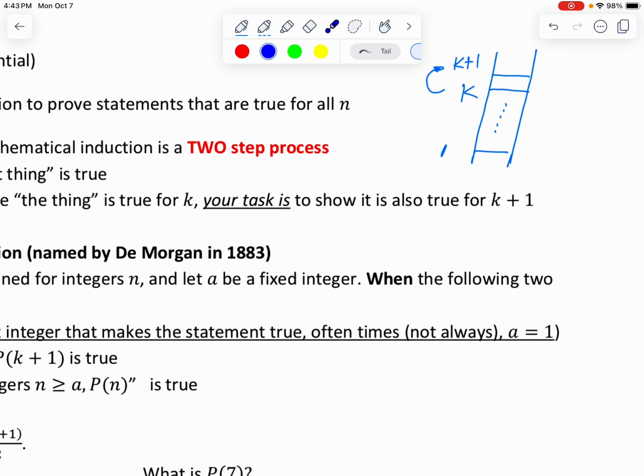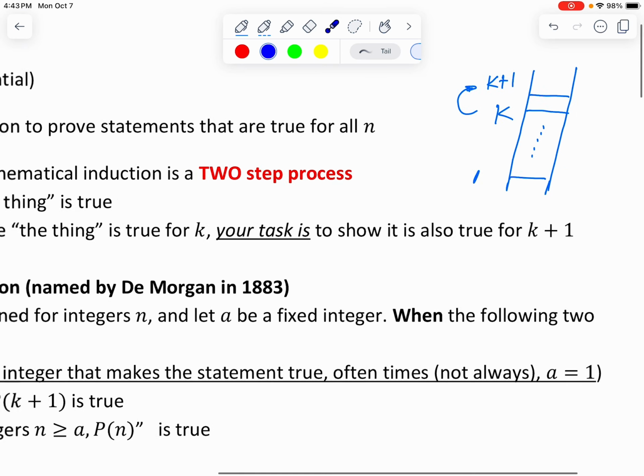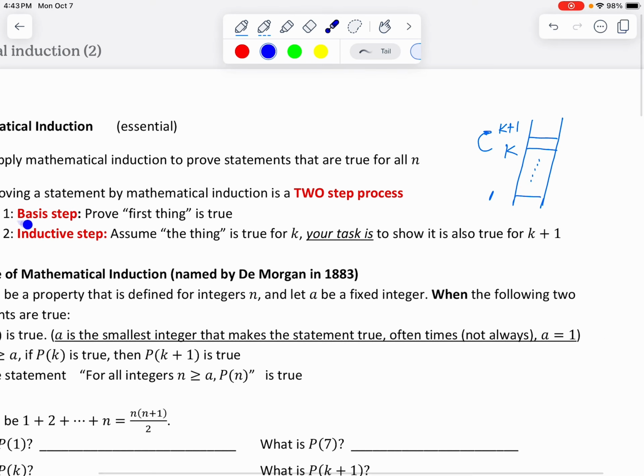Now, if we want to look at an analogy, for instance, this is a ladder. There are infinitely many steps on this ladder. If you are able to prove that you can climb onto the first step, which is the basis step, okay?